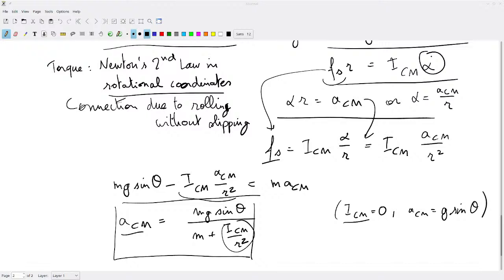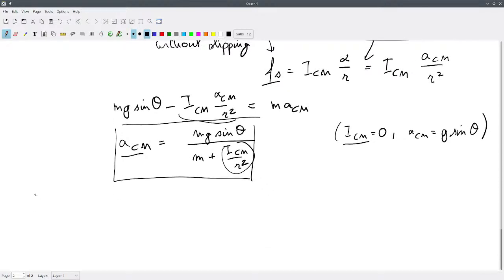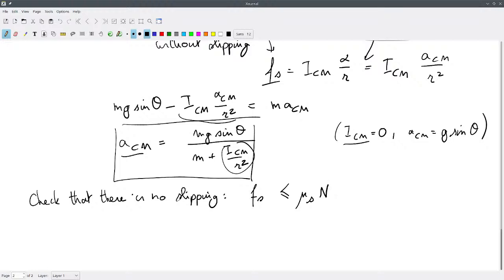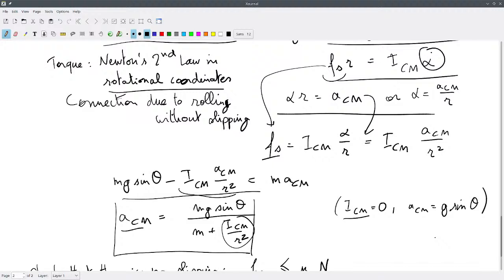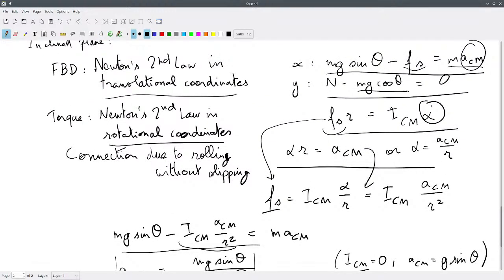Okay, so one last thing we need to do is now check that there's indeed no slipping. So if there's no slipping, that means that Fs must be less than or equal to mu s times n. So that means there must be a condition for mu s for which that is satisfied. And this is where we're going to use the y equation, which says that the normal force is mg times cosine theta.